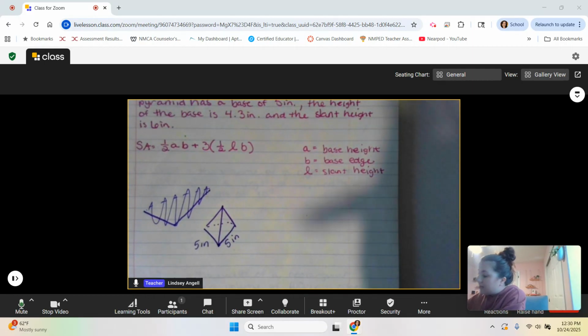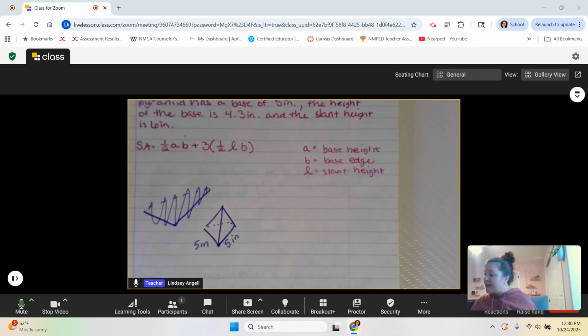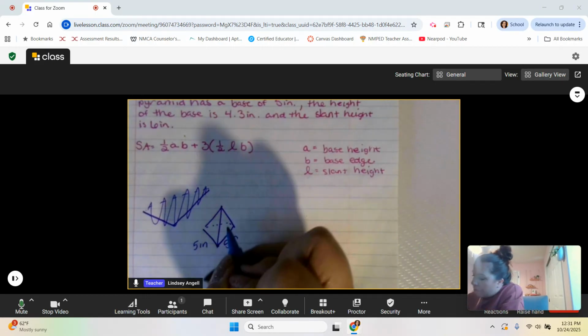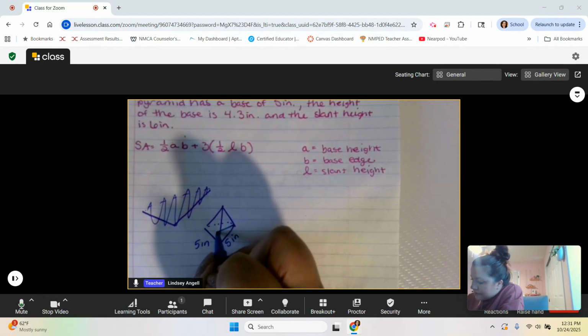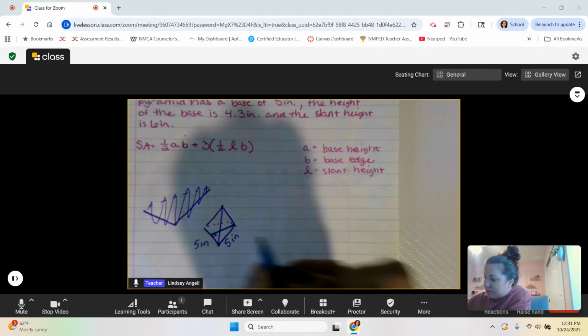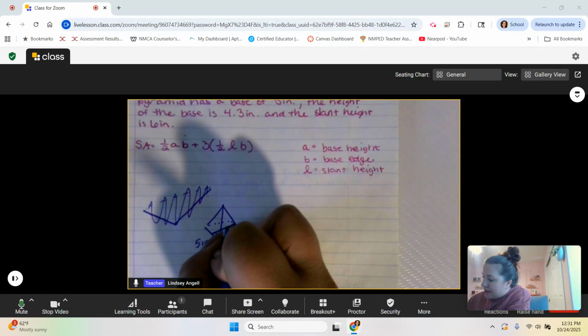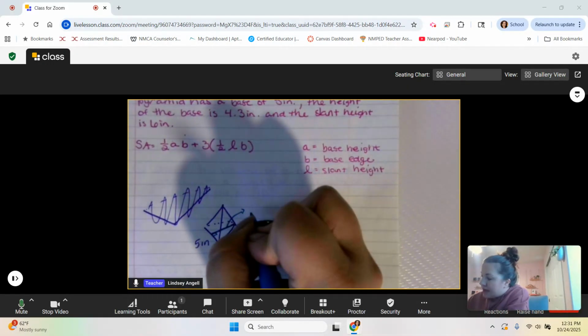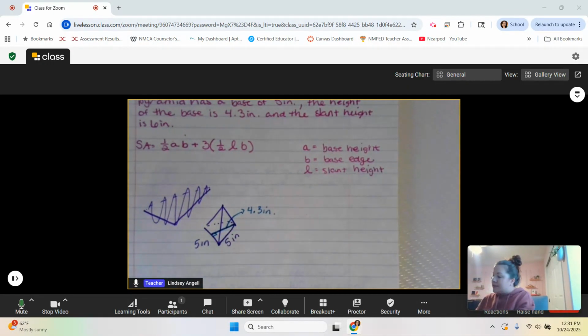Okay, and then here's my apex, and then we'll bring it down like that. And then when it says the height of the base, that is like from one vertex of the base to the opposite edge, okay? That's what it means by the height, all right? So that right here, that is a length of 4.3 inches. And then the slant height, let me get another color.